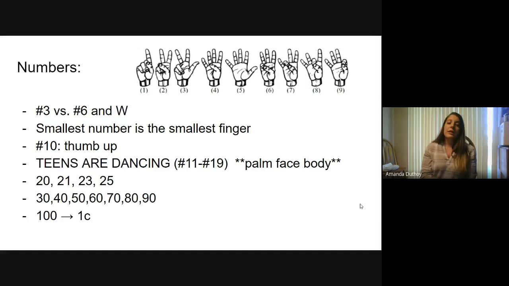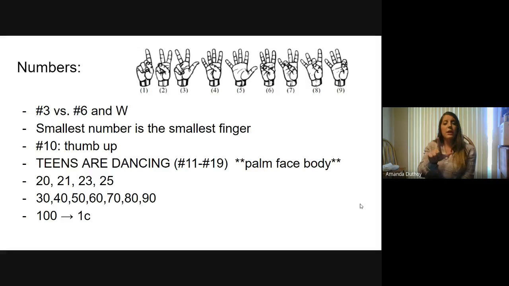Then 20 and 21, 23, 25, those are a little confusing. Sometimes you'll see 20 with your L hand shape instead of a 2 hand shape. So 20 is like that. If you do use an L for 20, it makes sense, right? Because it's L-0, like a little O. So 20, 21. 22 you can either do 2, 2 or L-2. 23, you give your 3 a little shake.